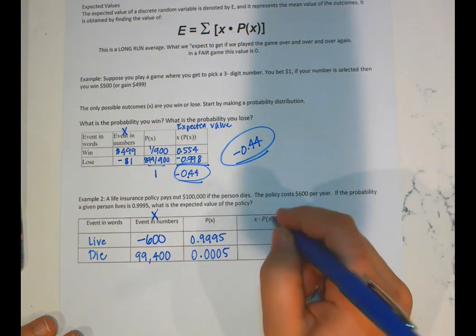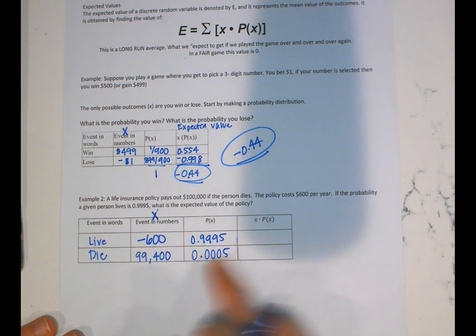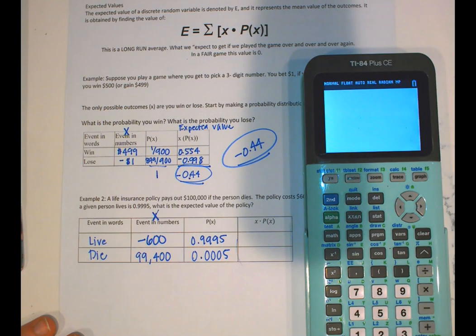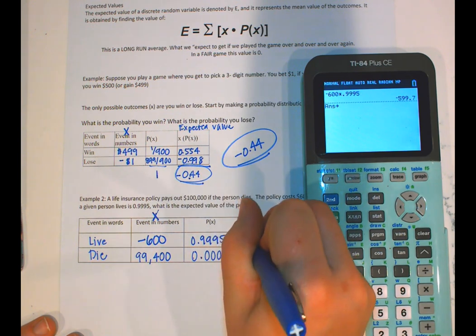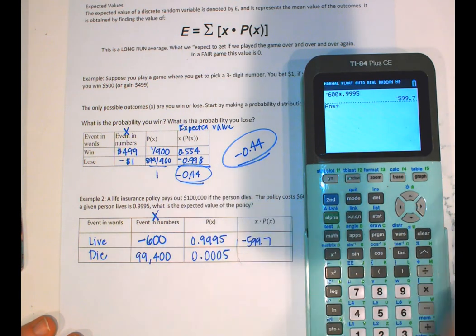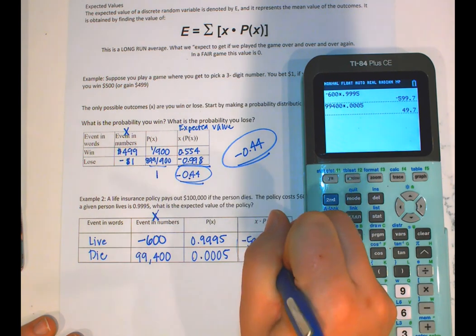So now we'll find our expected value by multiplying these together and adding them up. So -600 times 0.9995 would give me negative 599.7. And then 99,400 times 0.0005 gives me 49.7.